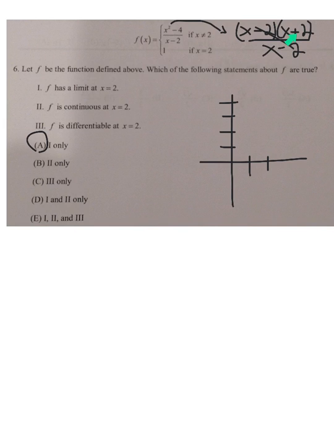So I know that the line has a slope of 1, and it will have an open circle at 2, 4. So let me go to 2, 4. I'm going to put an open circle here. It has a slope of 1. And so generally speaking, it's going to look like that.